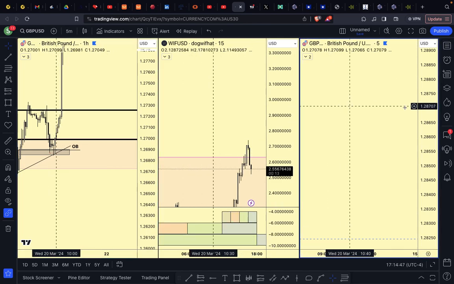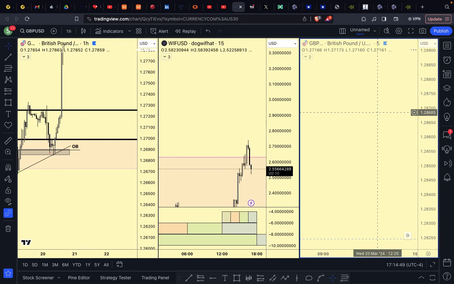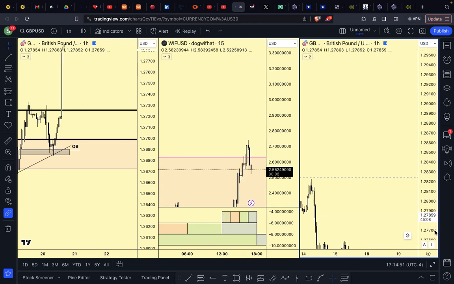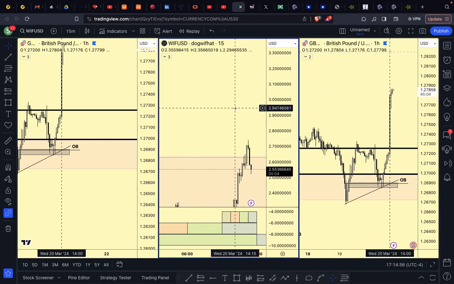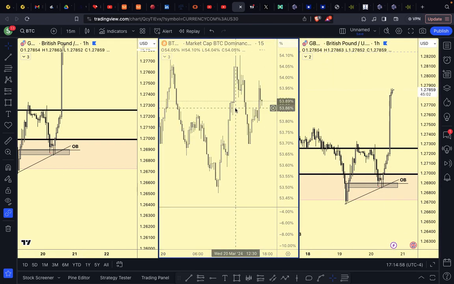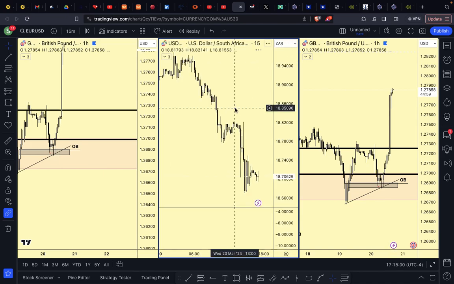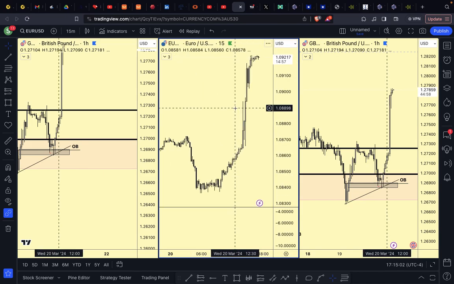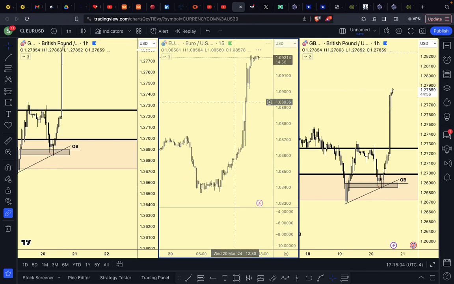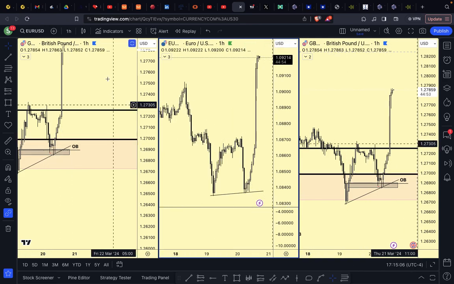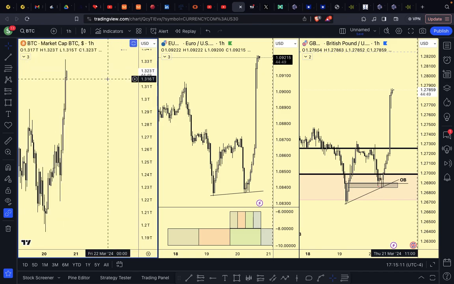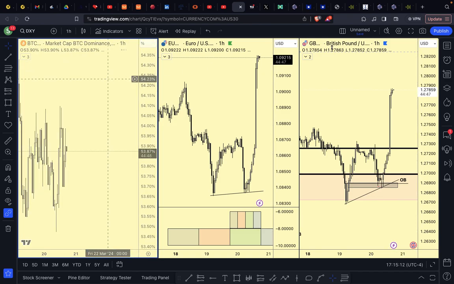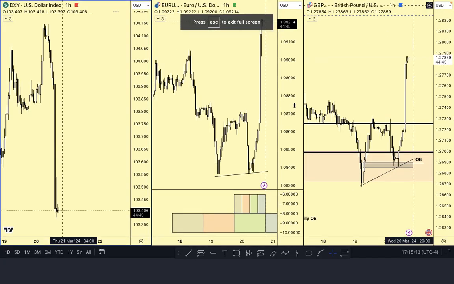I'm gonna leave the pound here, 1 hour. I'm gonna put euro, one hour. I'm gonna put the DXY. Maximize the screen.